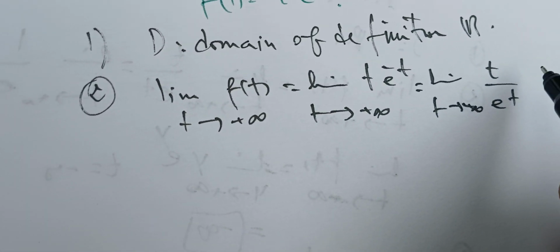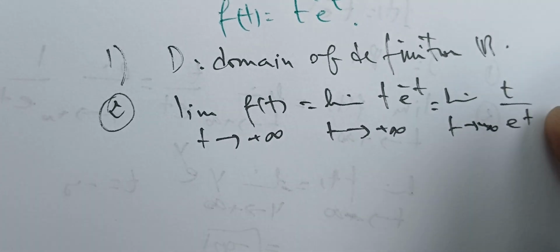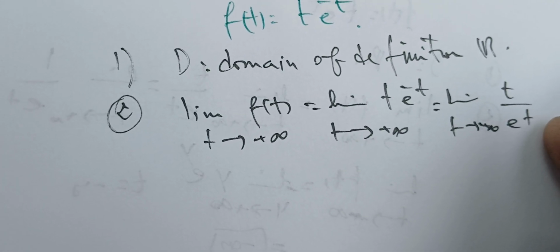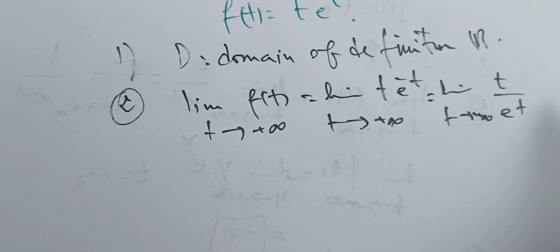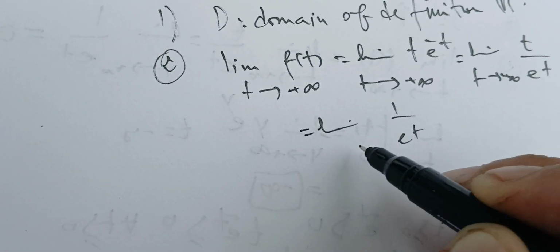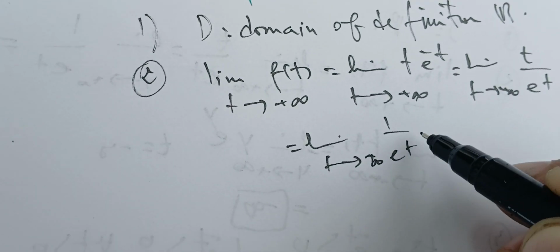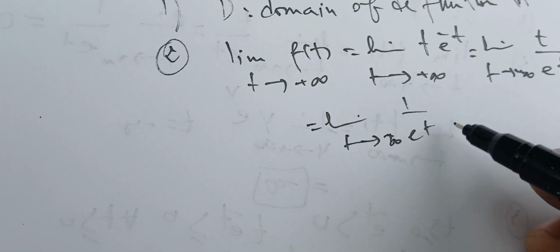But if we write this function as t over e to the t, we have plus infinity over plus infinity. This is good because we can apply L'Hopital's rule in this case. Using the derivative, we have 1 over e to the t. And this means that the limit is 1 over e to the t. And what's this limit here? This one goes to infinity, so it's 1 over infinity, which is 0.